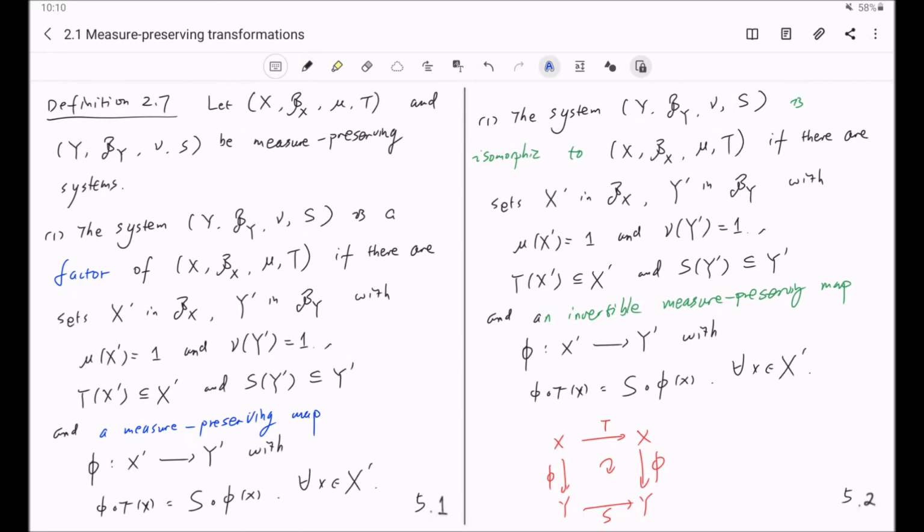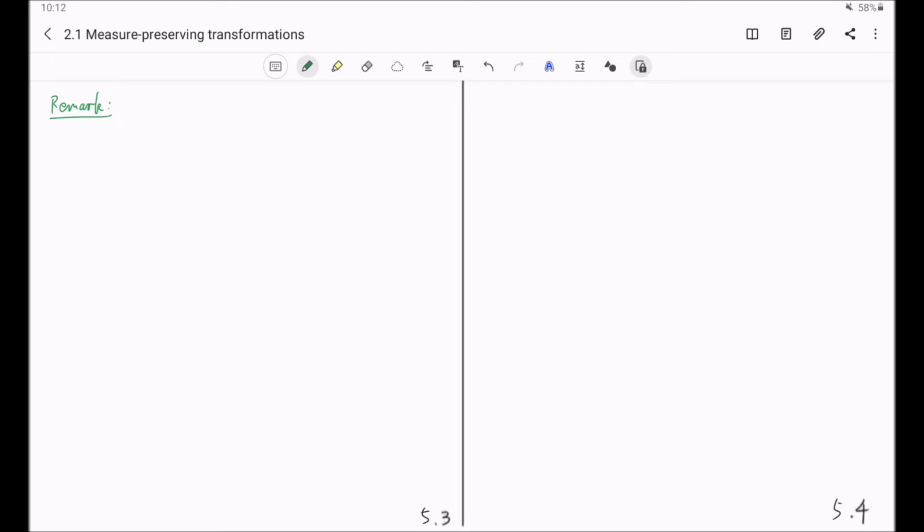At this point, there are some remarks that I would like to make about this invertible measure preserving map. Suppose we have a measure preserving map phi between two probability spaces, say from (X, B, μ) to (Y, C, ν).